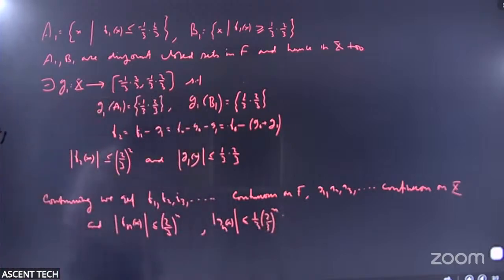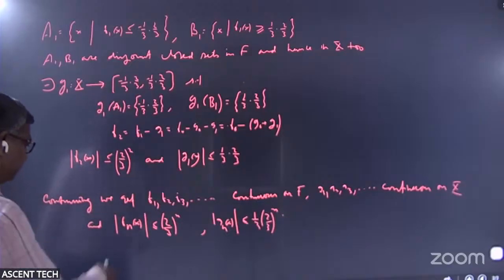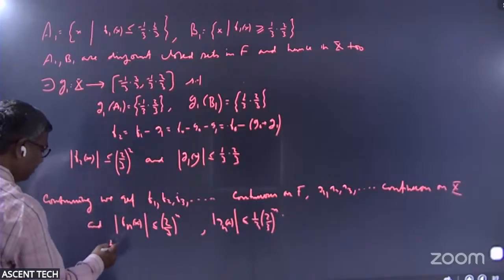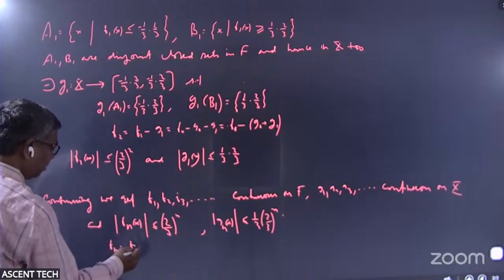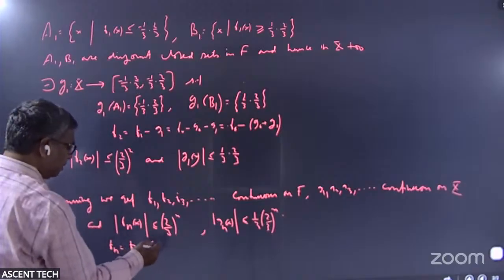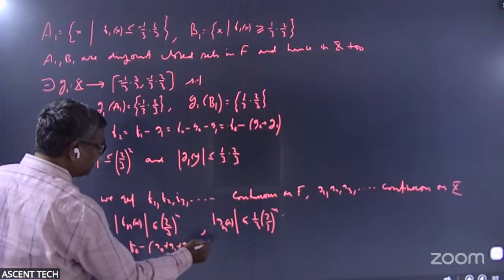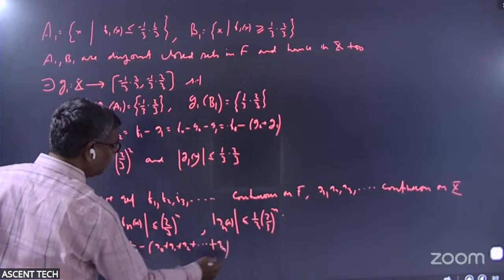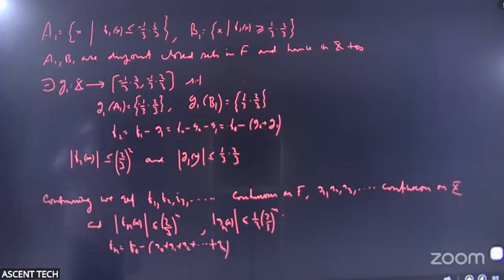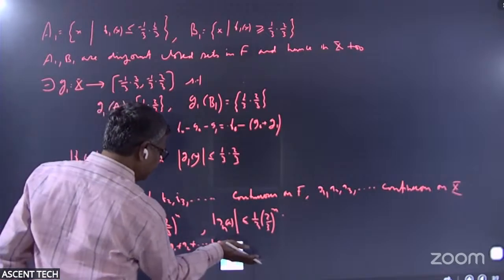So I know Fn is F naught minus G naught plus G1 plus G2 plus etc. up to Gn minus 1.